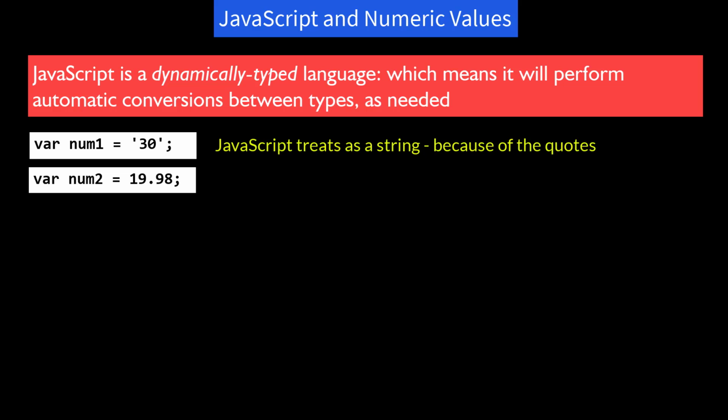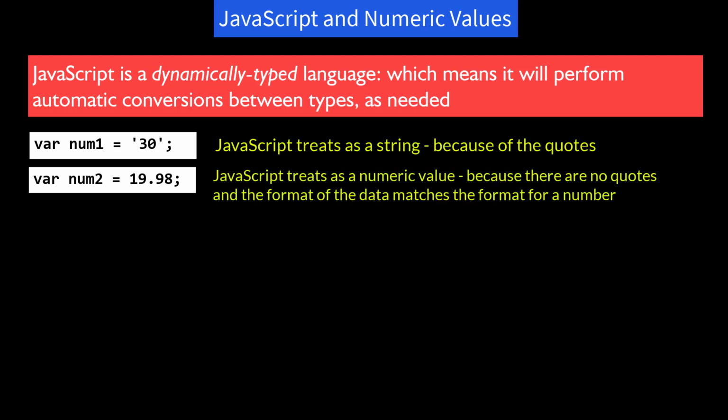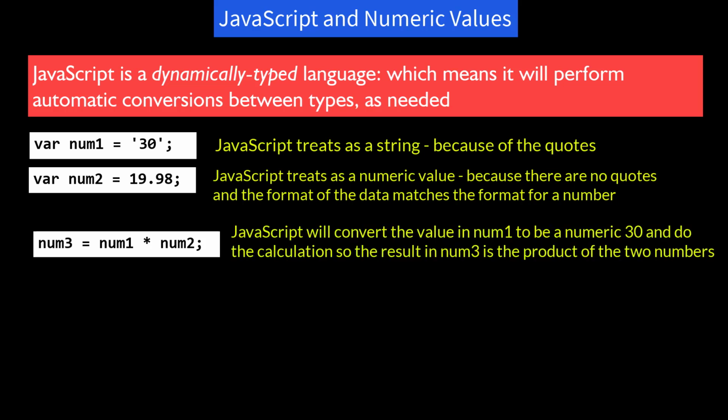Var num2 equals 19.98, JavaScript treats this as a numeric value because there are no quotes and the format of the data matches the format for a number. Then if you code num3 equals num1 times num2, JavaScript will convert the value in num1 to be a numeric 30 and do the calculation, so the result in num3 is the product of the two numbers.